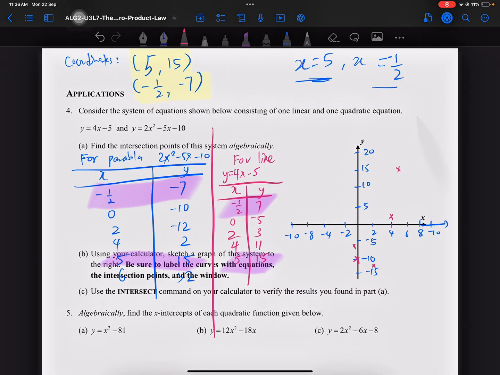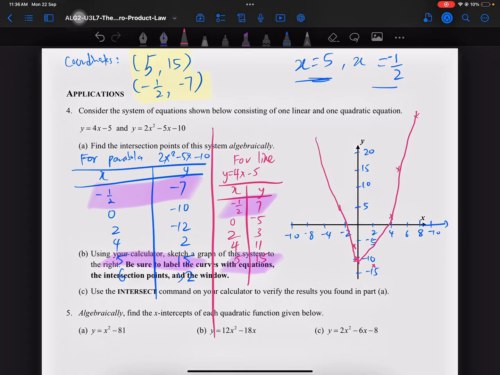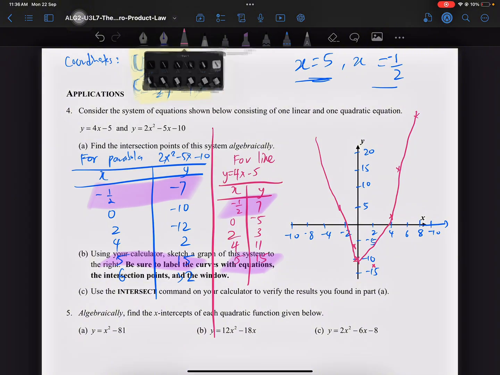So it will be a curve like here. The turning point goes up like this and that way. Now I label this curve x squared minus 5x minus 10.